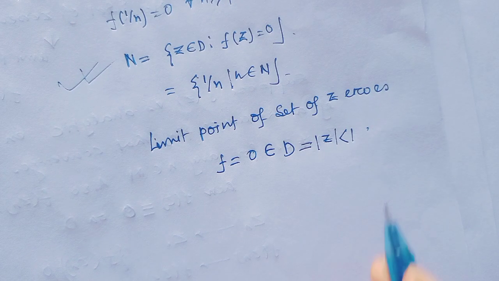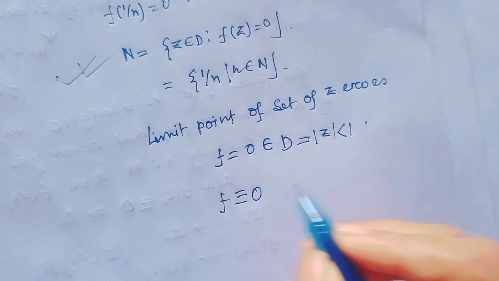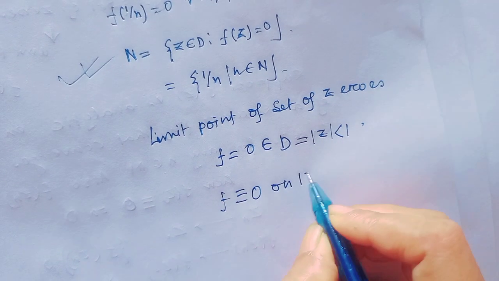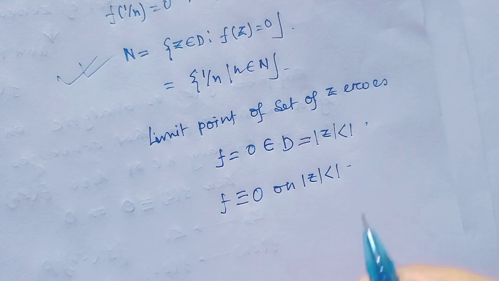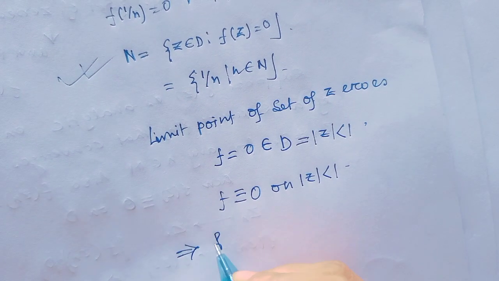Hence, by the identity theorem, f is identically equal to 0 on mod z less than 1. So, since f is identically equal to 0, that means f is constant.